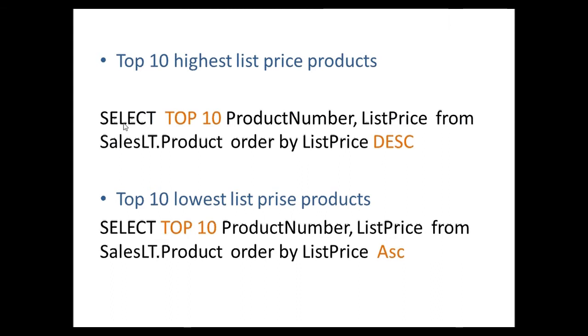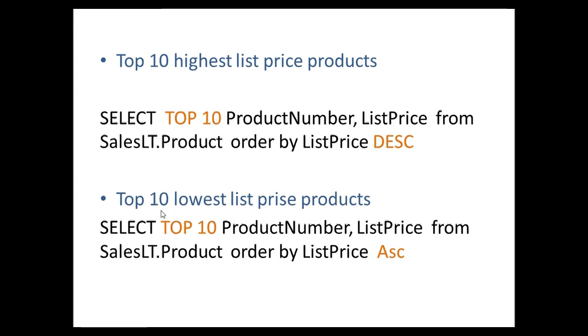So our query will be the basic simple one which was used earlier: select column names from table name. The additions will be top 10 and order by list price descending. We have added order by list price because we want top 10, so we need to filter it from maximum to minimum.